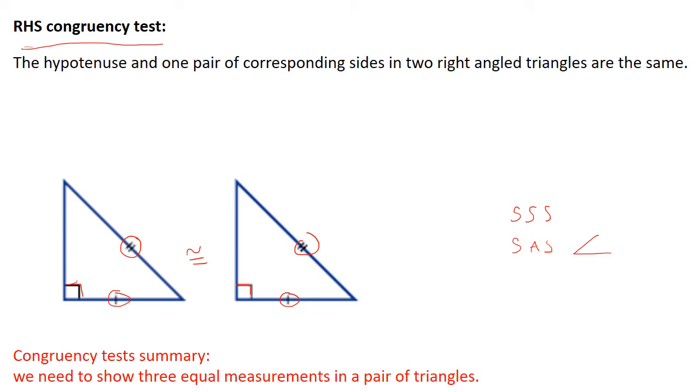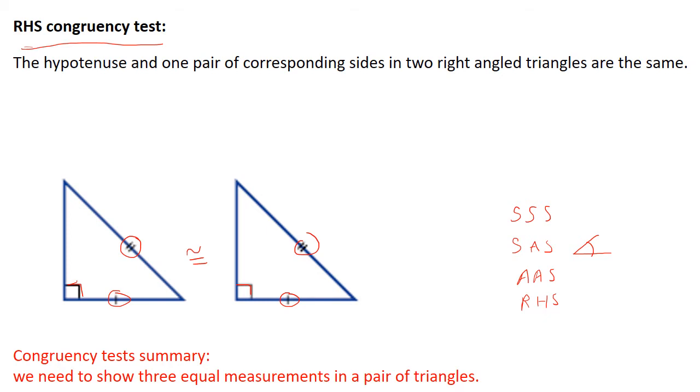There is danger in this one, in that the angle has to be the included angle between two sides that are the same. Our AAS rule: two angles and a side are the same. And then finally our RHS rule, which is just for right angle triangles, where the hypotenuse and a corresponding side are the same.